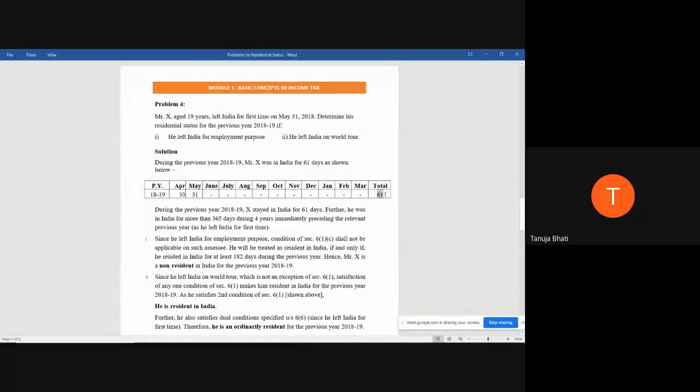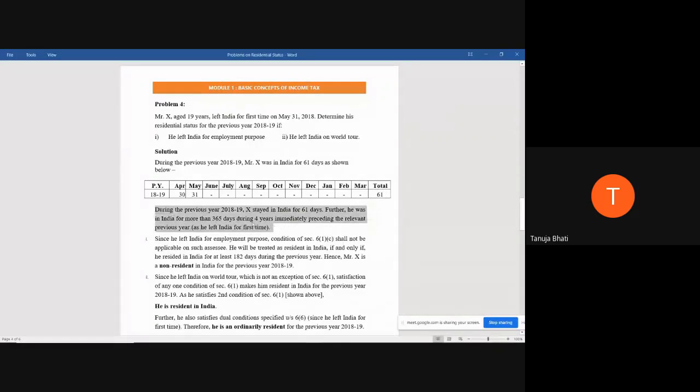So is he a resident or is he a non-resident? Non-resident. He is a non-resident because for a person who is leaving India for employment purpose, his stay in the previous year should be how much? 182 days at least, but he has stayed just 61 days, therefore he's a non-resident.